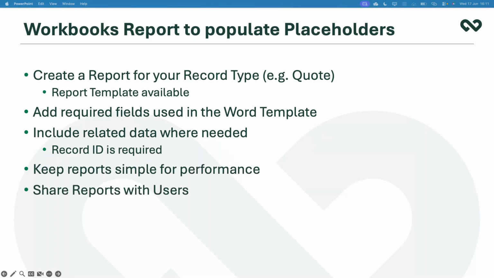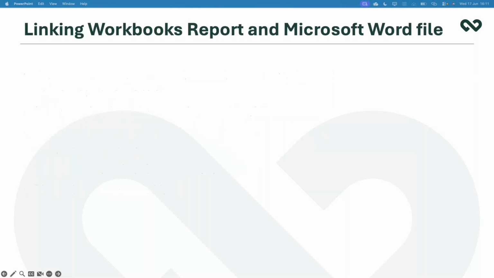Remember to share reports with users who will be using the Word add-in, as without the correct permissions for the report, the Word add-in will not function as expected. Let's look at the next key component before we jump into the product. Finally, we will link the Word template and the Workbooks report using a template record in Workbooks.